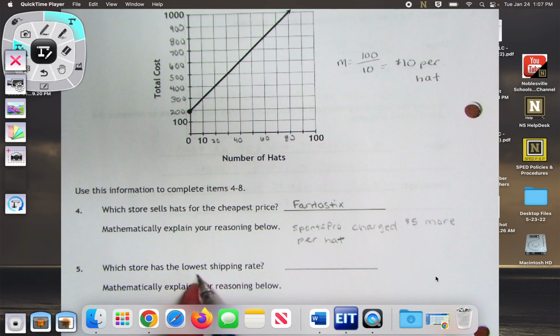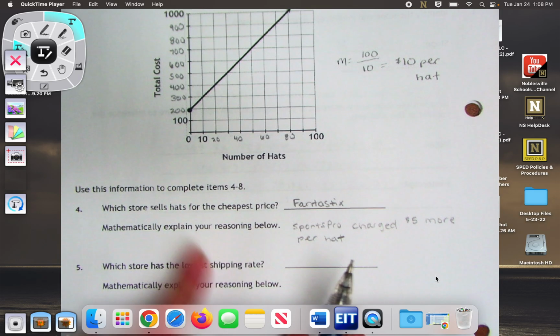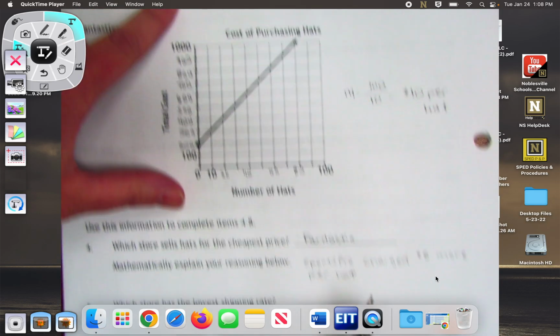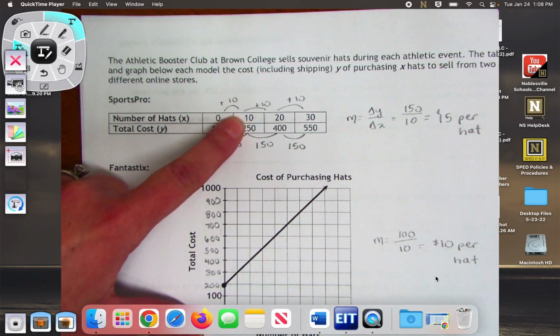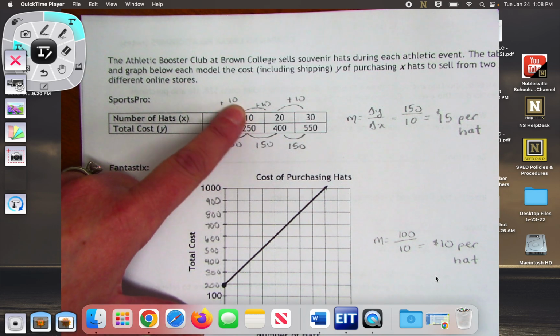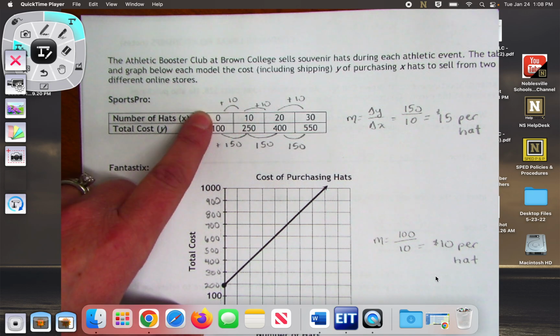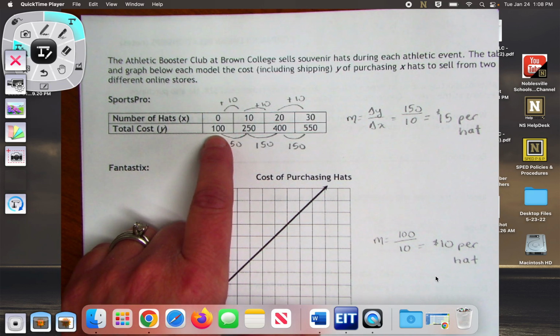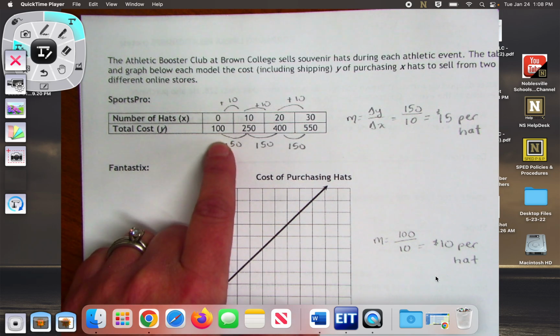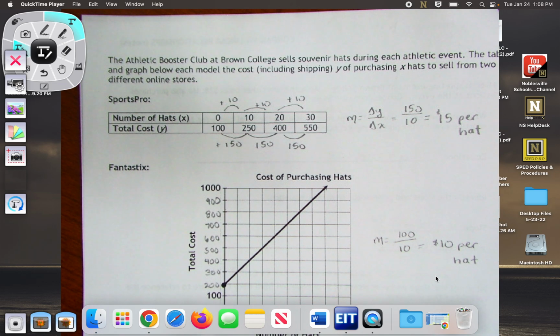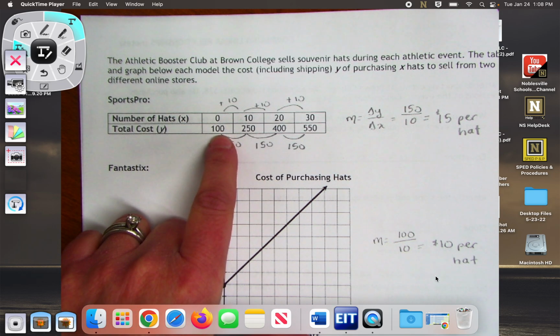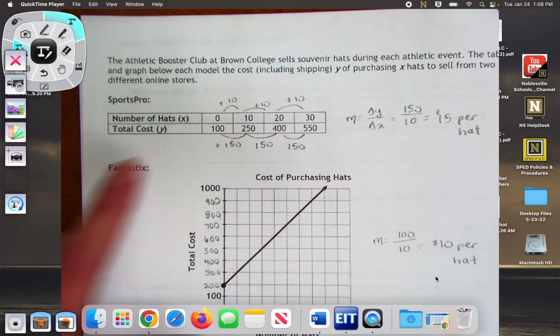Now we want to know the lowest shipping rate. So that shipping rate is going to be how much it costs before we even purchase any hats. So before I purchase any hats, I have to spend a certain amount just to get them to me. So that's going to be my y-intercept. So how much do I have to pay for Sports Pro? For shipping, $100, right?